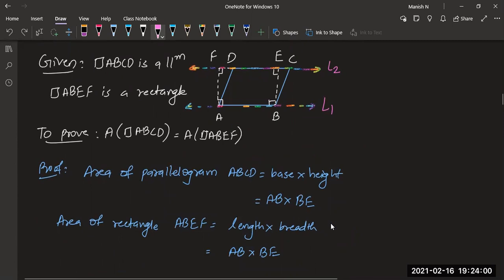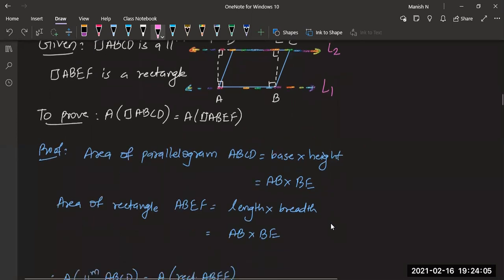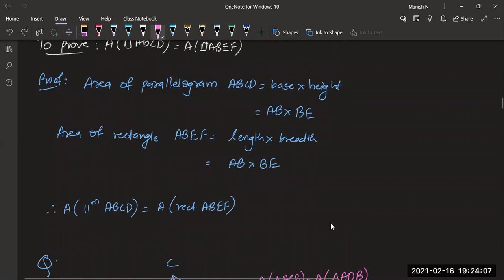From here, directly we can say that the area of rectangle ABEF is equal to the area of parallelogram ABCD, right? So this is how we proved it, just by using geometrical diagrams. I hope both these theorems are clear and very simple.